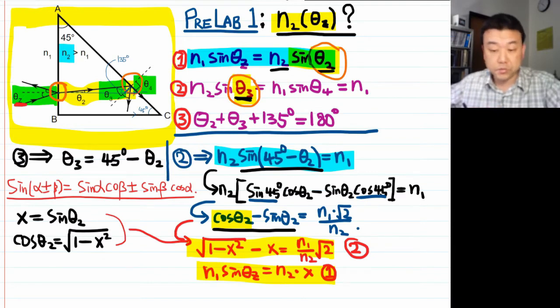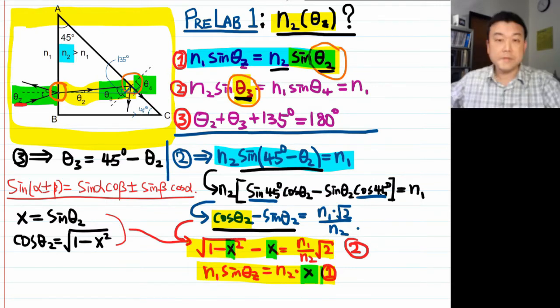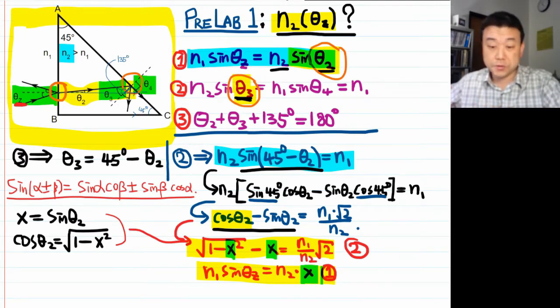The next step to do might be to solve equation 1 in terms of x. Then you can plug it into the x's you see here, and then you solve for n2. Let me leave that as an algebra exercise for you in the interest of keeping this video short. I'll just write down the final answer for n2.